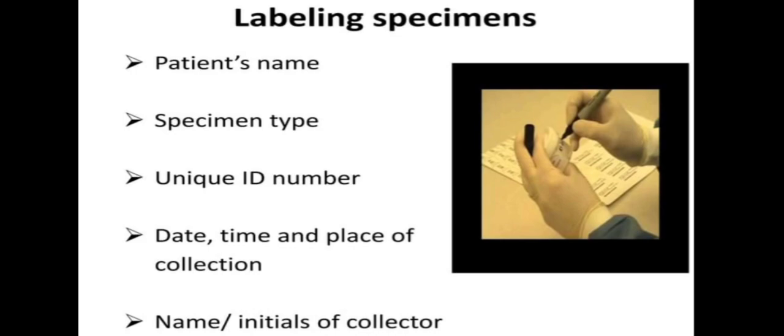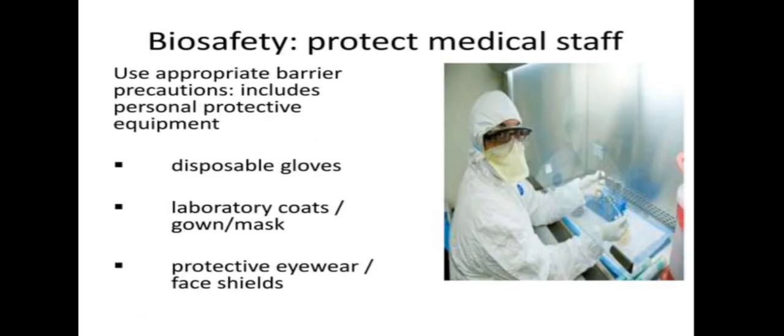Simultaneously, you have to label the name of the patient, the specimen type, and the unique ID number, that is, the admission number. Mention whether your patient is an OPD or IPD patient, the date, time, and place of collection, and the name, initials, and signature of the sample collector.